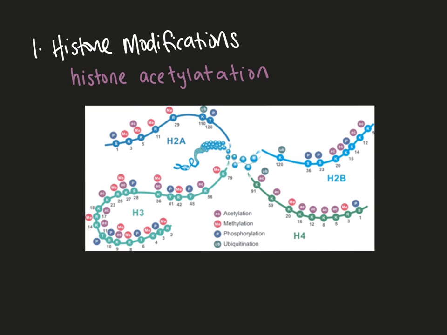So first we'll look at histone acetylation, which you can see here in purple on the diagram. You see that some acetylation is happening on this lysine 5 on histone H2A, and here another lysine, a lot of lysines in histone 3 and histone 4 and H2B. If you can see, these acetylations are always occurring on lysine residues on these histone tails.